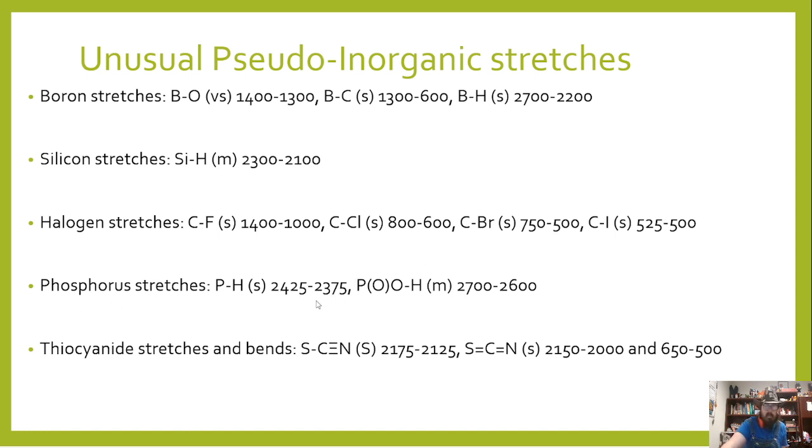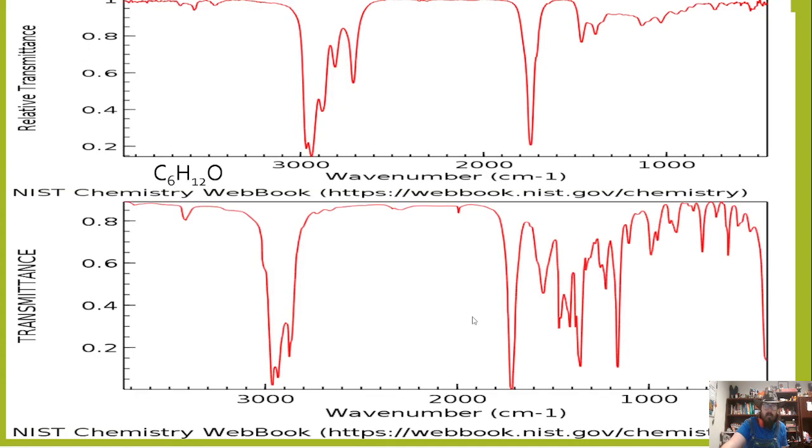Phosphorus bonds are going to be way over there, and phosphate. So, like the phosphoric acid stuff is going to be 2700, 2600. Things like thiocyanide are going to be in this region. Now, looking at this might be able to give you some help.